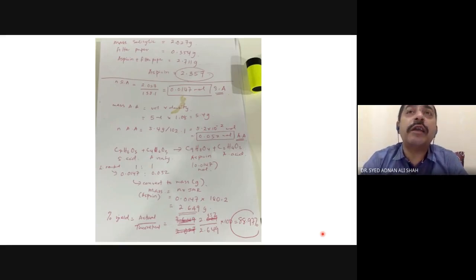This is very evidence-based: the melting point of the reactant, the salicylic acid, is 155 to 157, but the product melting point is 130 to 137. So the question arises, why is the salicylic acid melting point higher than the aspirin? Can anybody tell me?